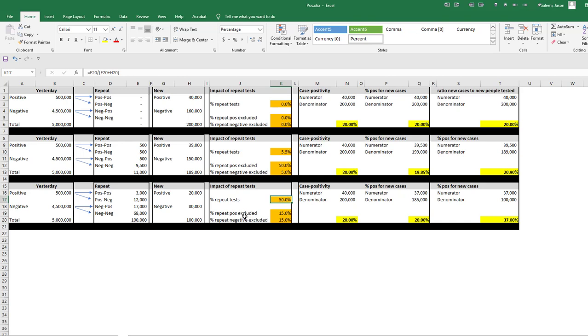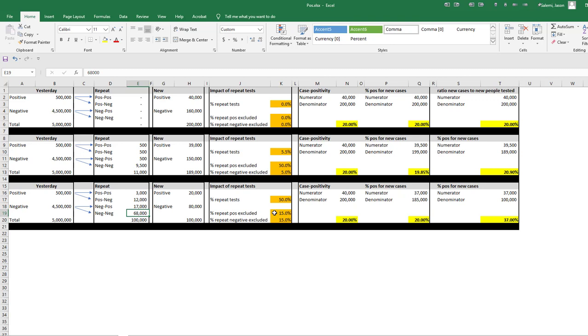But the other thing I want you to pay attention to, so really the numbers here aren't that important. What is important is the percent of repeat positives that are excluded, which is the same as the proportion of repeat negatives that are excluded.